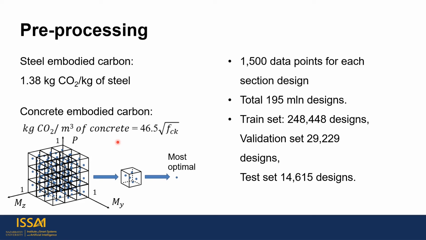The 3D space containing all these data points, where the axes represented the axial load and moments in two directions, was split into equal size cubes with size of 0.03. The designs with the minimum embodied carbon in each cube were retained. As a result, we were left with around 300,000 designs that were split into train, validation, and testing sets accordingly.